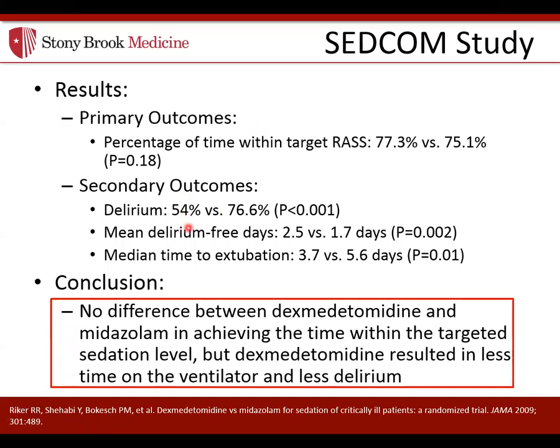And there were longer mean delirium days in the patients who were treated with midazolam versus dexmedetomidine, and a shorter time to extubation in patients who were treated with dexmedetomidine versus midazolam. So the authors concluded that there's no difference between dexmedetomidine and midazolam in achieving the time within the targeted sedation level, but dexmedetomidine resulted in less time on the ventilator and less delirium than in patients who were treated with midazolam.